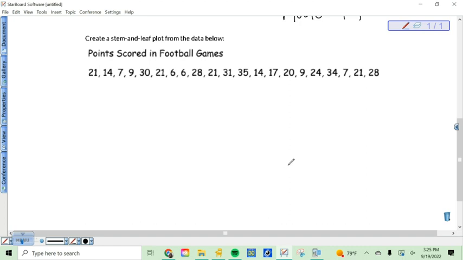Any ideas? Yeah, like the 7s and 6s would be in one group, and then what else would be in a different group? 14 and 17. Yeah, so what did you do to split up those numbers, like to group them?